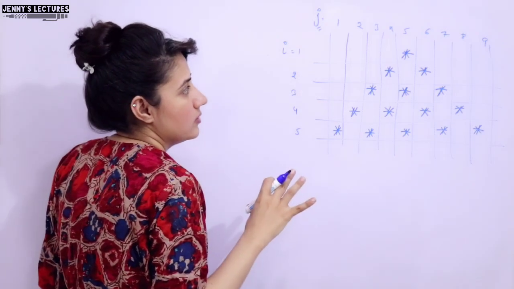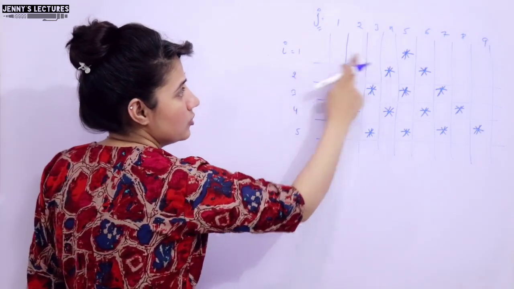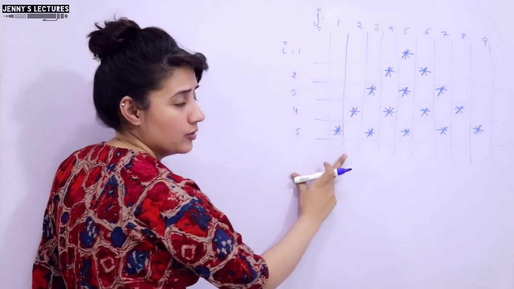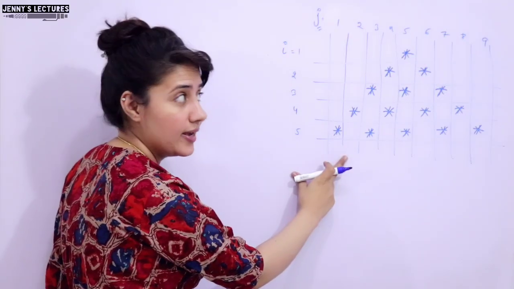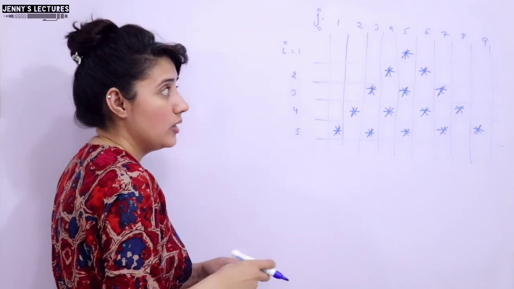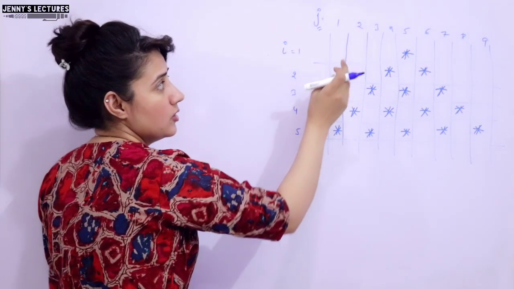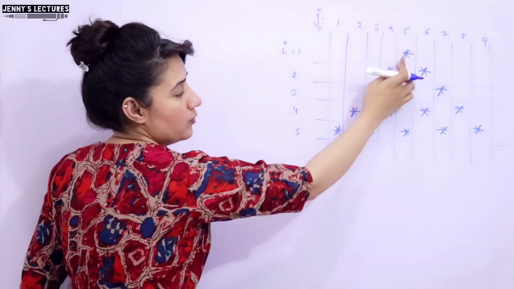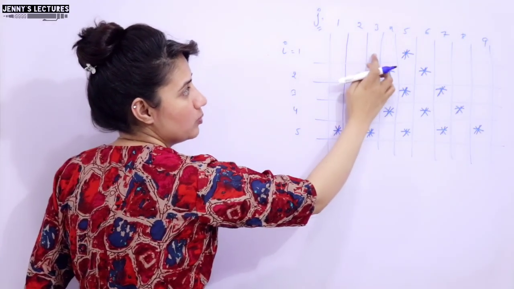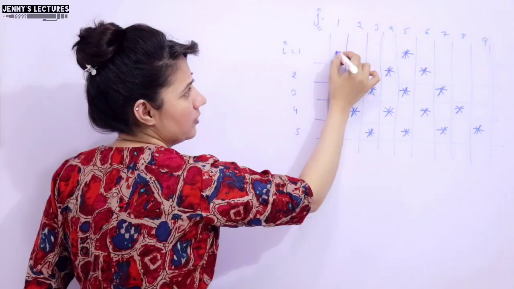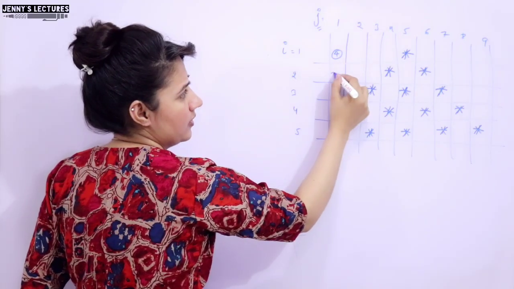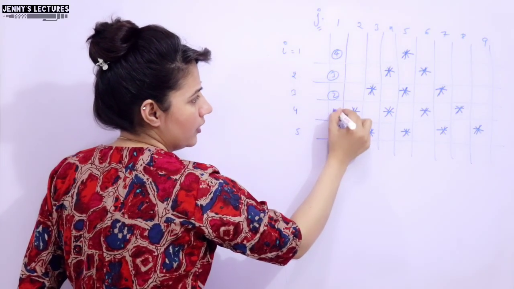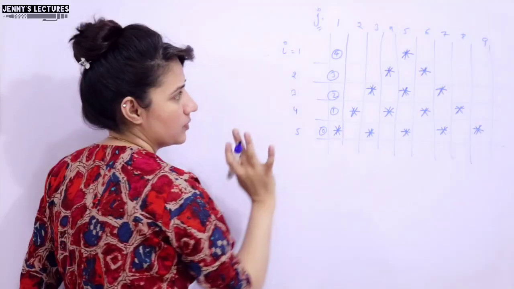Now here see, one loop is to take care of number of rows. We will take here 3 loops. One is for these spaces. Before printing the star, how many spaces in this line? 4. In this line 3, then 2, then 1. Here we have 0 spaces.